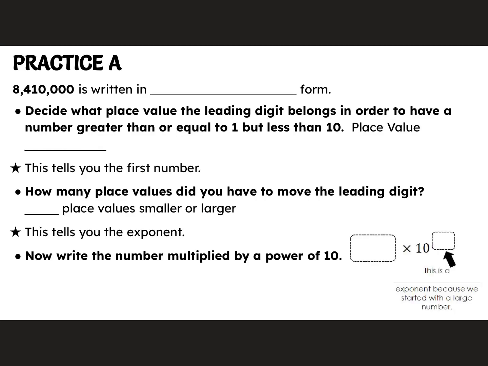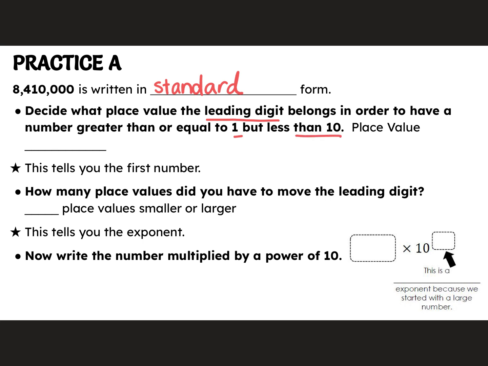So what we want to do is think about our powers of 10. If I have 8,410,000, it is written in what we call standard form. Standard form is the way we normally write a number. So we have to decide what place value the leading digit, the very first number, belongs in, in order to have a number greater than 1 but less than 10.